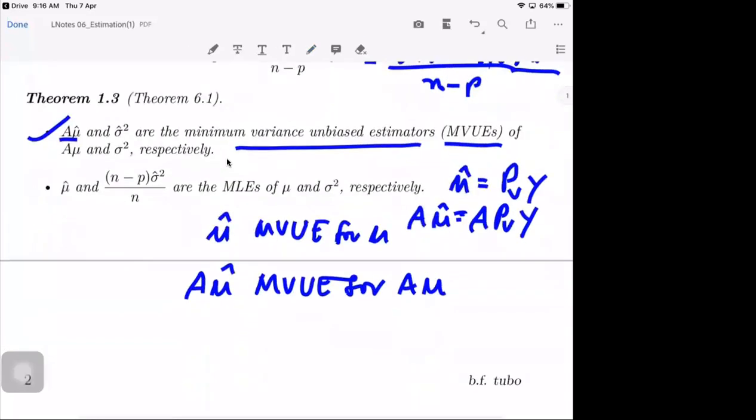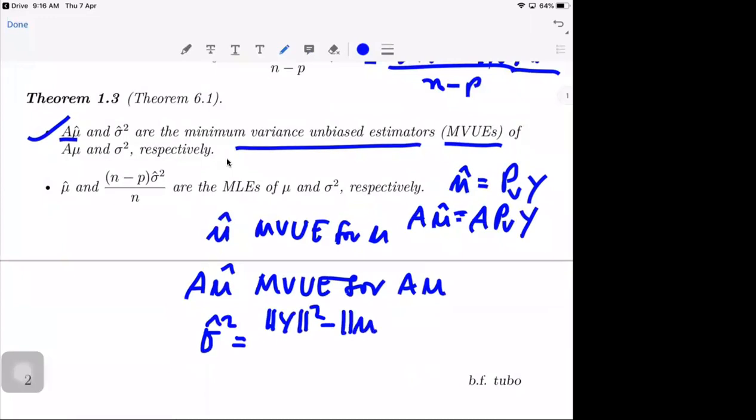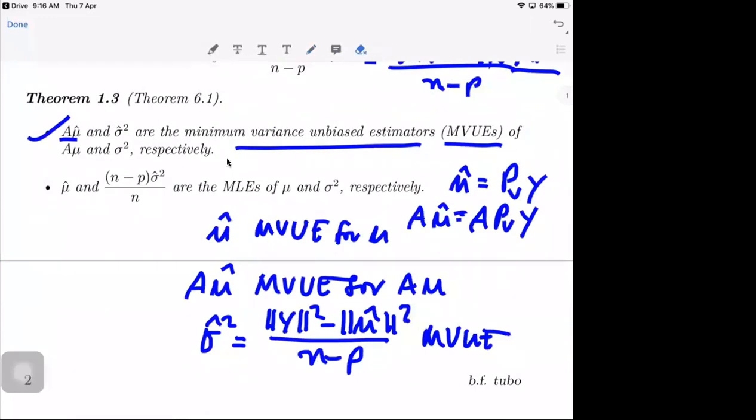What the theorem says is that sigma hat squared, which is the squared norm of Y minus the squared norm of mu hat over N minus P, is the MVUE for sigma squared. Sorry.